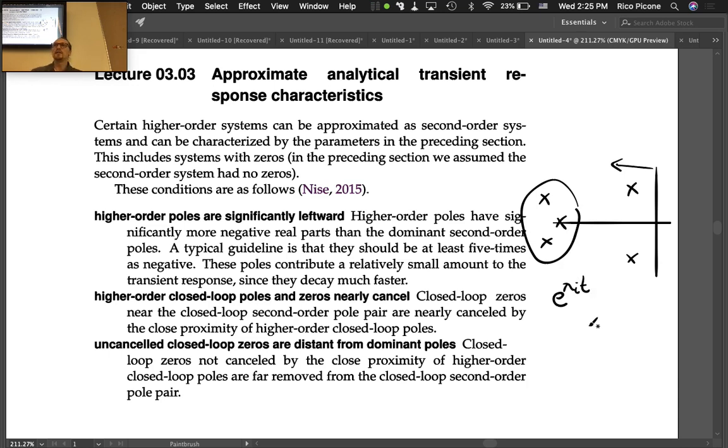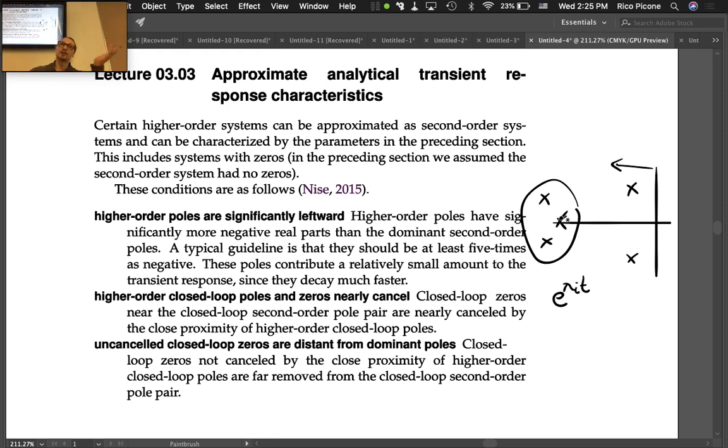So even in the first time step, compared to one at e to the negative 5t, e to the negative 100t is going to be decayed way more than the one that's closer to the axis, the one that has a smaller magnitude. So we can say we can ignore them.